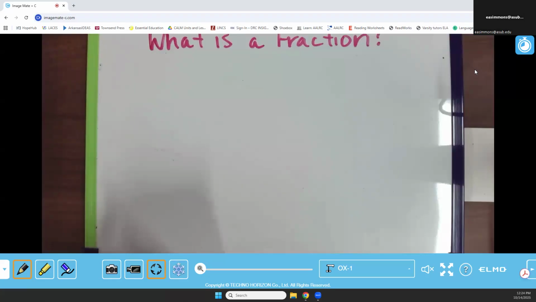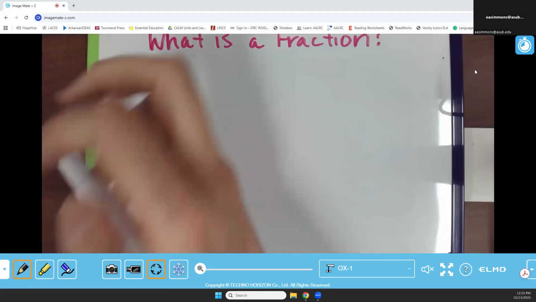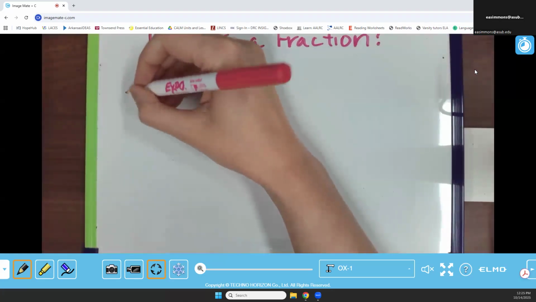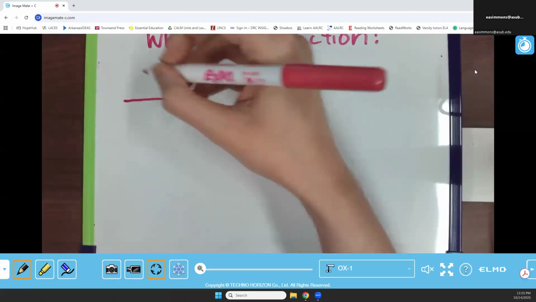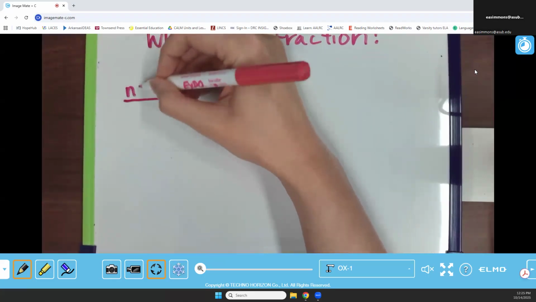A fraction is a part of something or showing us multiple parts of something. When we have a fraction, we have a fraction line, and then on our fraction line, we have a numerator.